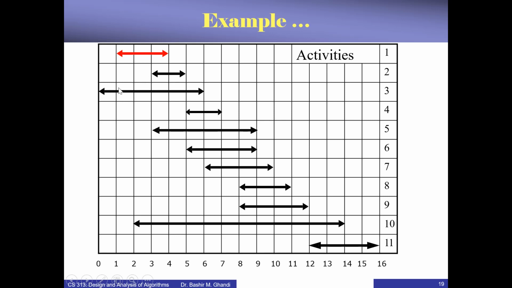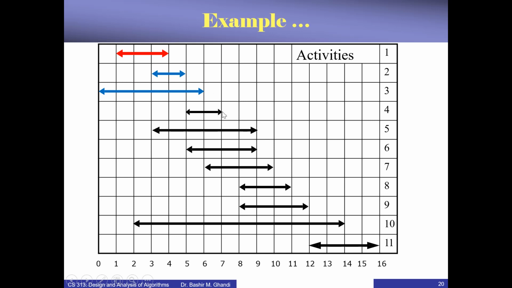Next, we increment m to this one, 3. Also, clearly, the starting time of this one is not after the finishing time of A1, so this will also be rejected. I have highlighted these two in blue to show that they are going to be rejected.